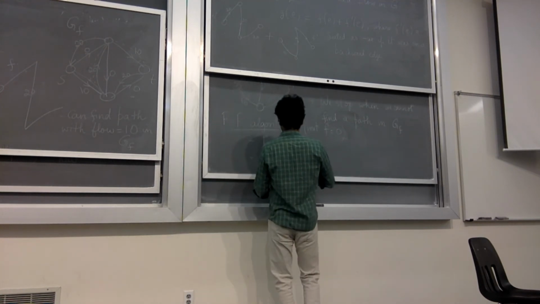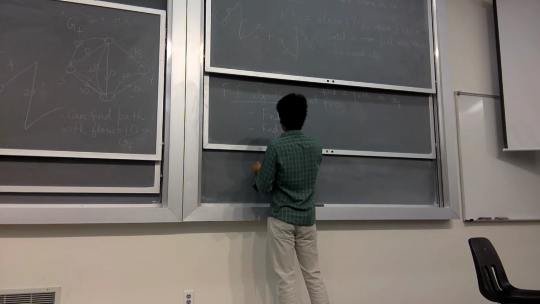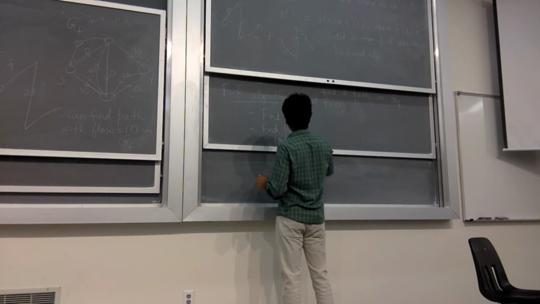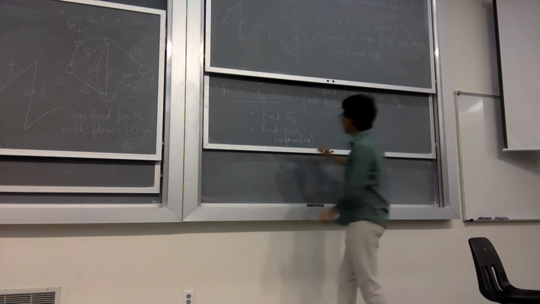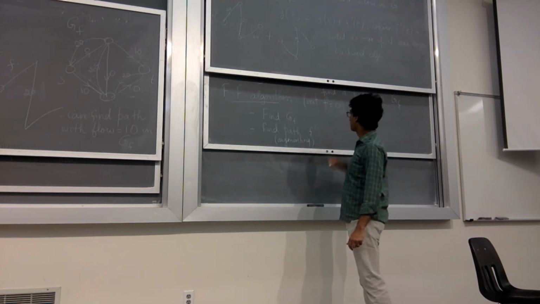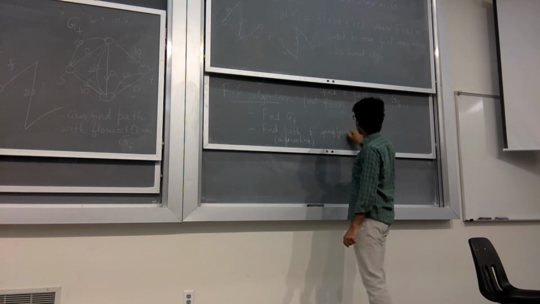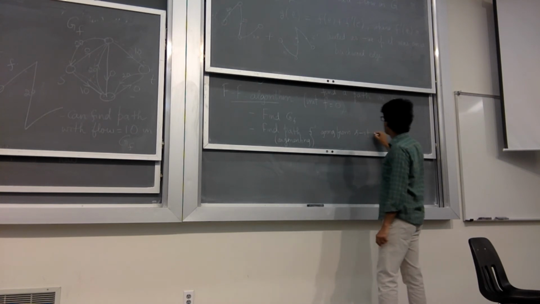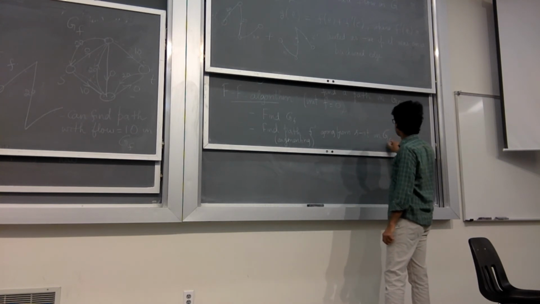Okay, so this is called an augmenting path, which we'll call f prime, going from S to T in G sub f.